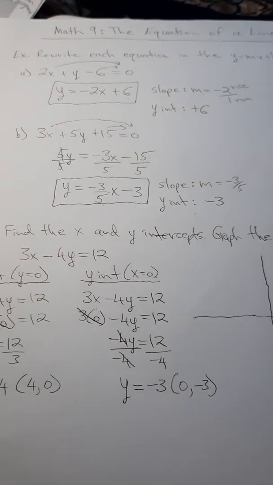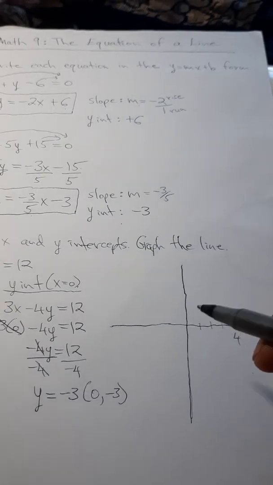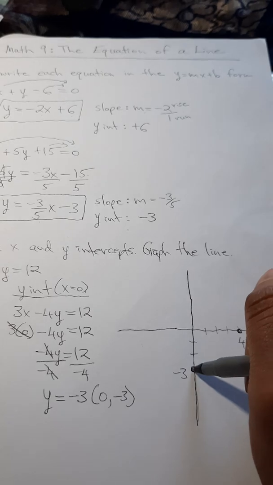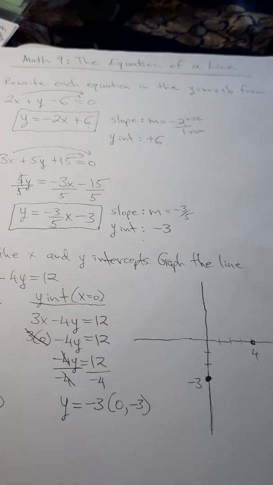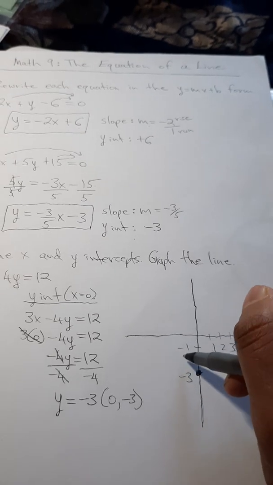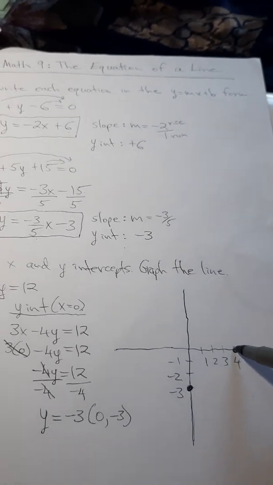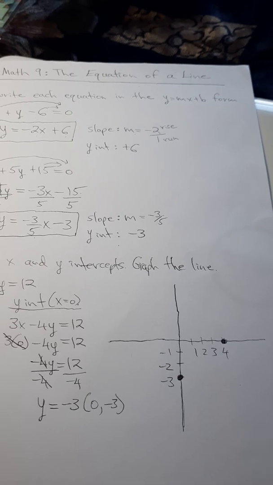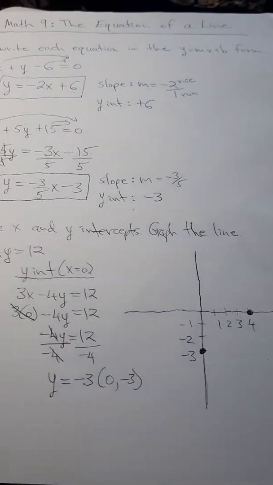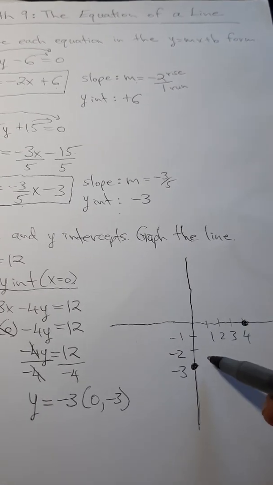And when you're graphing out the y-intercept, it's 0 and negative 3. So notice 0 and negative 3 is below here. Make sure you do label each of the points as you graph it out. So I have 4 and 0 and 0 and negative 3. I only need to have these 2 points here in order to graph my line.